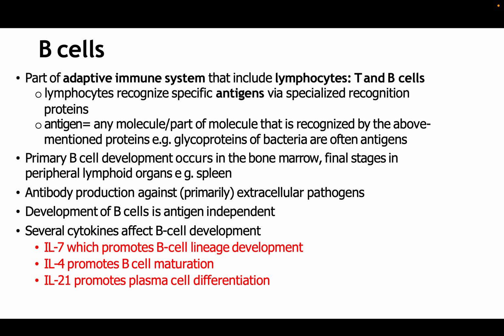They are not able to cross hydrophobic regions, so they mostly bind to extracellular pathogens, be it bacteria or viruses that are on the outside, not on the inside, or parasites or other things found in the extracellular space.